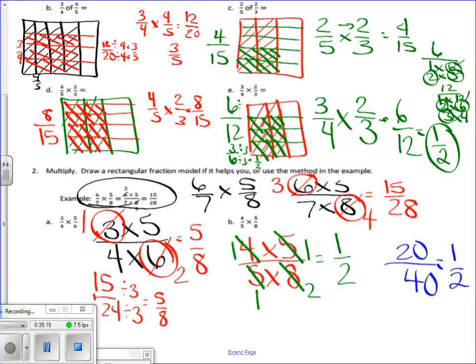So if you still look at this like I have no idea what you did, 20 can go into 20 one time, and 20 can go into 40 two times.